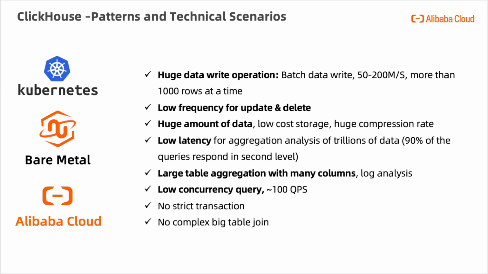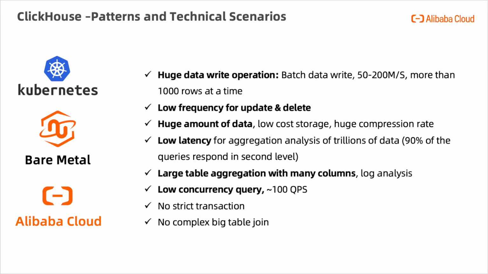On the other hand, it is easy to see that the OLAP scenario is very different from other popular scenarios like OLTP or key-value access. So it doesn't make sense to try to use ClickHouse in typical OLTP scenarios like transactions. And also, if we try to use Mongo or Redis for analytics, we will get very poor performance compared to OLAP databases.